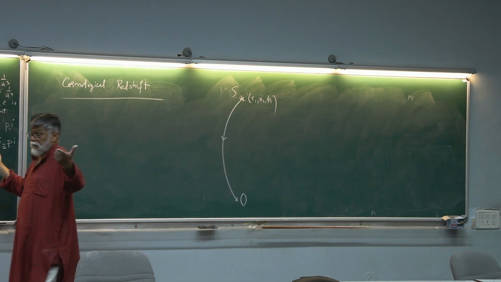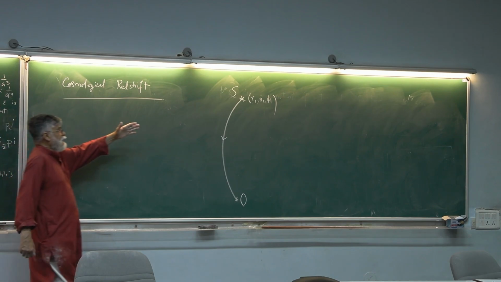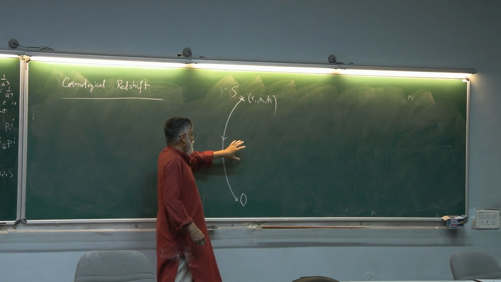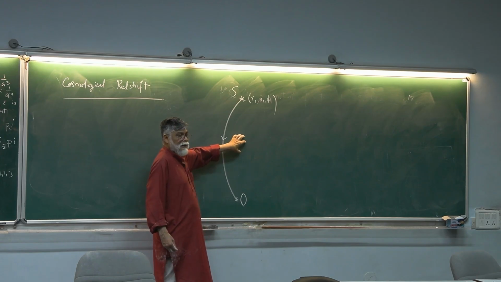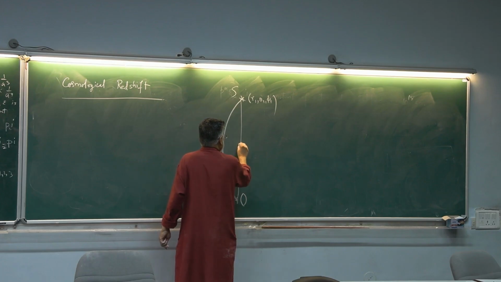If ds squared is 0 for light in a local inertial frame, then in any general coordinate system ds squared must be 0, and therefore even in this cosmological background, the light as it is coming towards us will have ds squared equal to 0. But now we are talking about a null geodesic. If there's a source here and it is radiating, unless there's a gravitational lens, the light will come straight radially towards me.